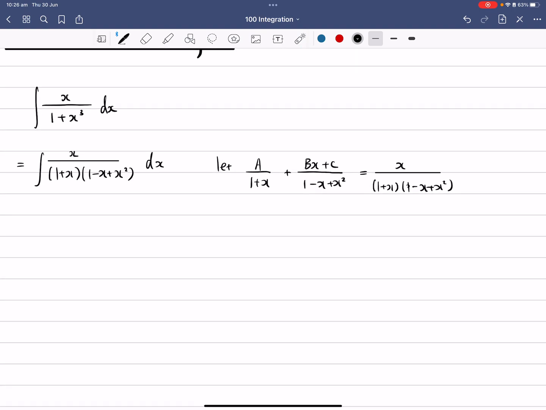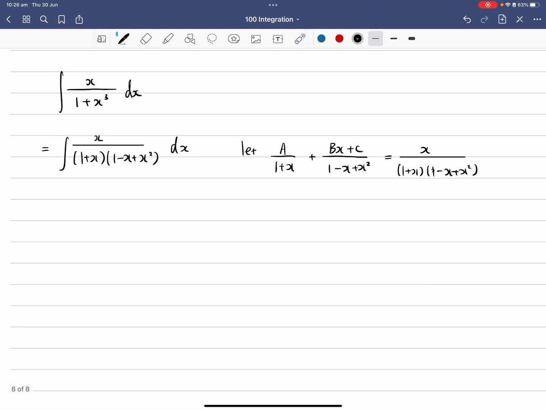Our job is to find the values of a, b and c. So a bracket 1 minus x plus x squared plus 1 plus x multiplied by bx plus c gives you x.